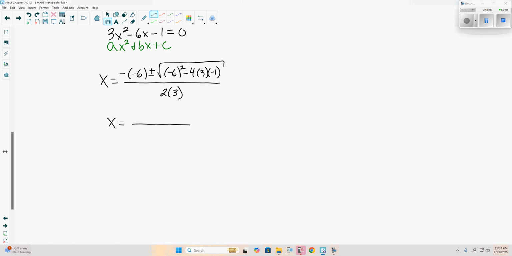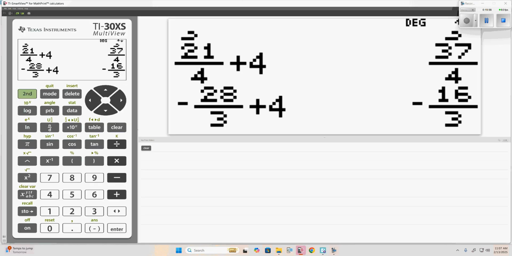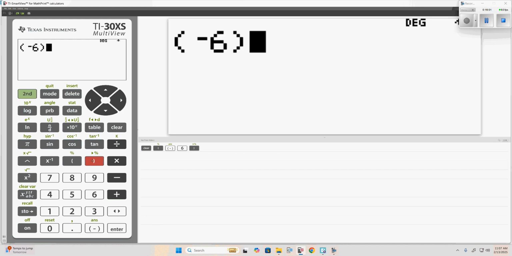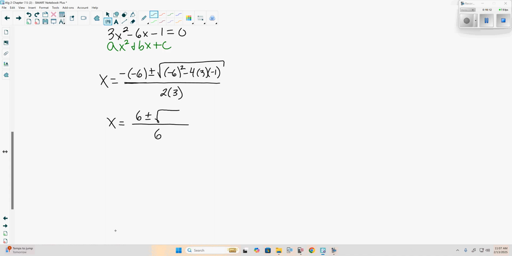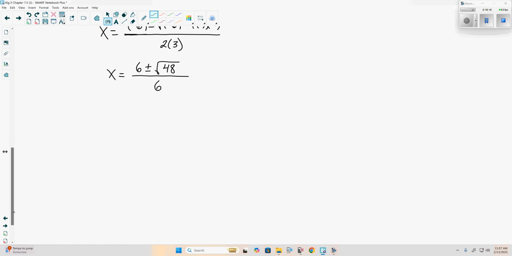Our first one, negative negative 6, is positive 6. On bottom, 2 times 3 is 6. At this point, I'd grab the calculator and say negative 6 squared minus 4 times 3 times negative 1 is 48. So we get 6 plus or minus the square root of 48 over 6.